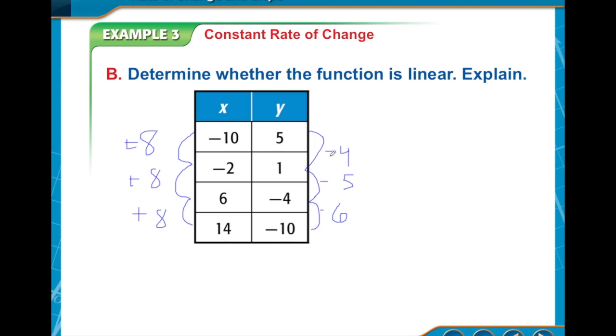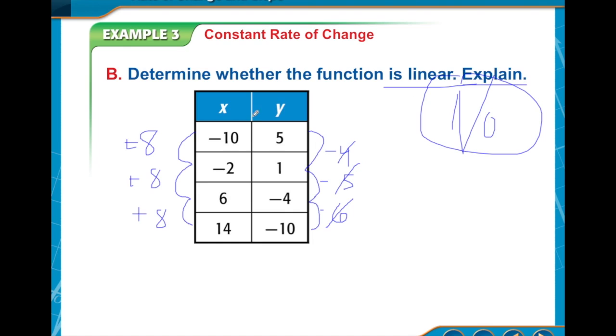Okay, these numbers, even though it's a pattern, are not the same. The change is not constant. For something to be a line, the slope has to be the same all the time. It can't suddenly jump up and get steep or flatten out. And that's what's happening here. It's not staying the same. The steepness is changing. So determining is this linear, we would say definitely not. How do we know that?